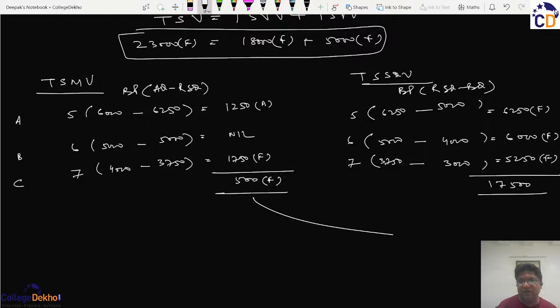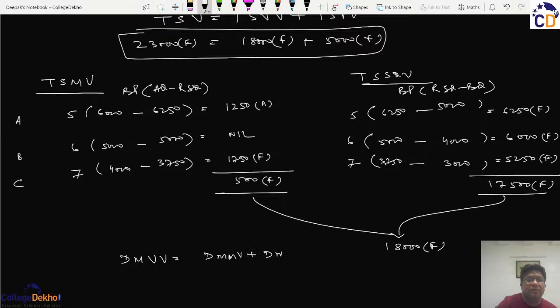And if you see here that this is also favorable, and the total is coming out to be 18,000 favorable, so we can say that the direct material volume variance, as said earlier, will be equal to mix variance plus, sorry, this is not material, this is sales. So the total sales volume variance will be equal to total sales sub quantity variance plus total sales mix variance.